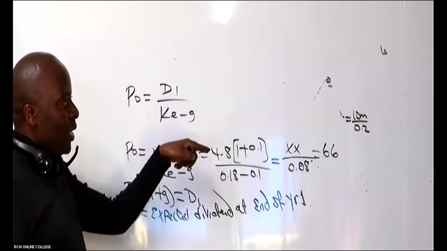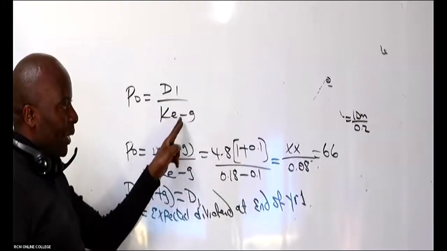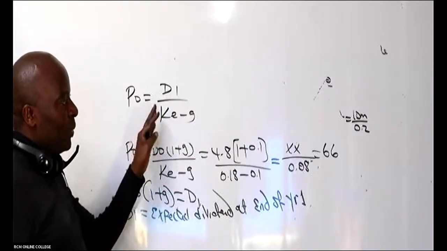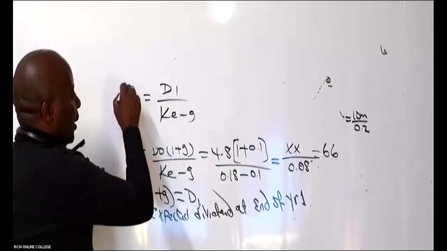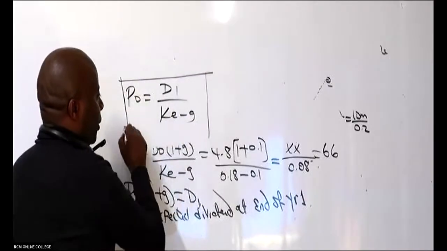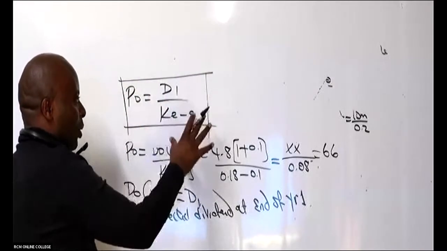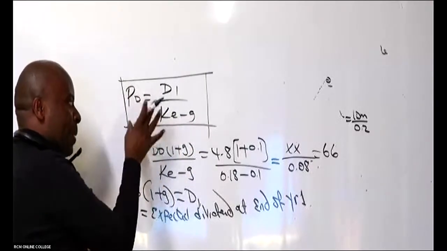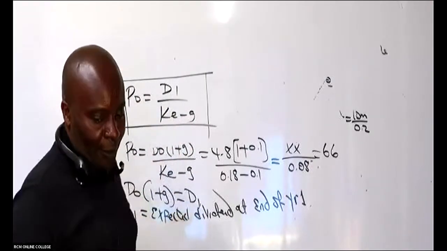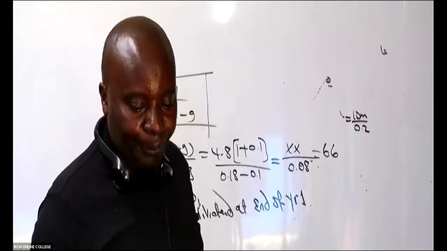So end of year dividend divided by Ke minus g, like that. So I'm just preparing you. And if you don't mind, you can write this and put it in a box, or you can even highlight this. I'll come back to this. This is really important.